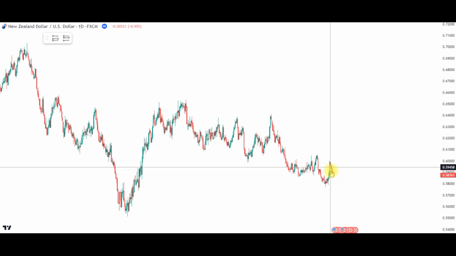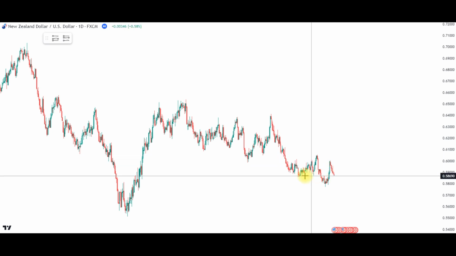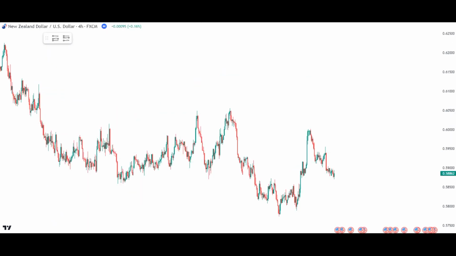But we're coming close to this support area here. So let's jump down to the 4-hour chart to draw in our major support and resistance areas that may be important for the further movements of the market.